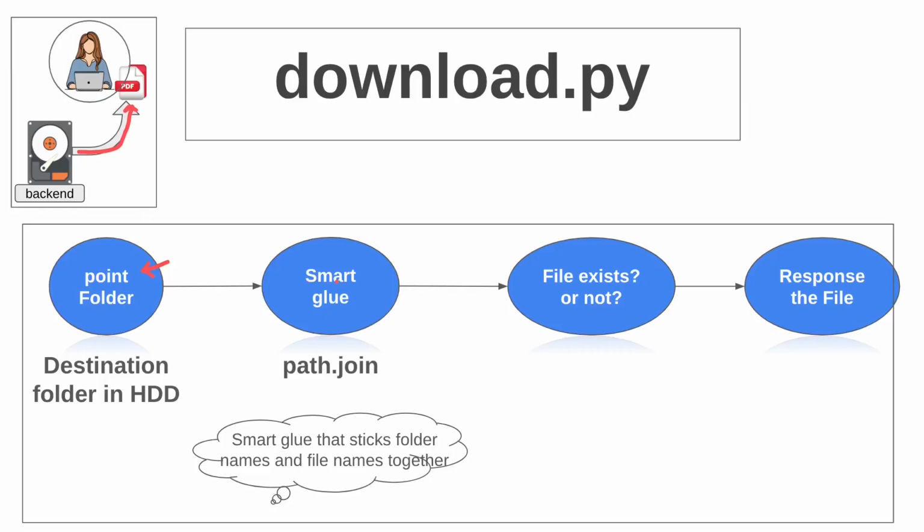Then I have to use this smart glue or join operation, this folder and file. Then we have to check whether the file exists or not. If the file exists, then we will respond with the file. If it does not exist, then we will raise an HTTP exception.